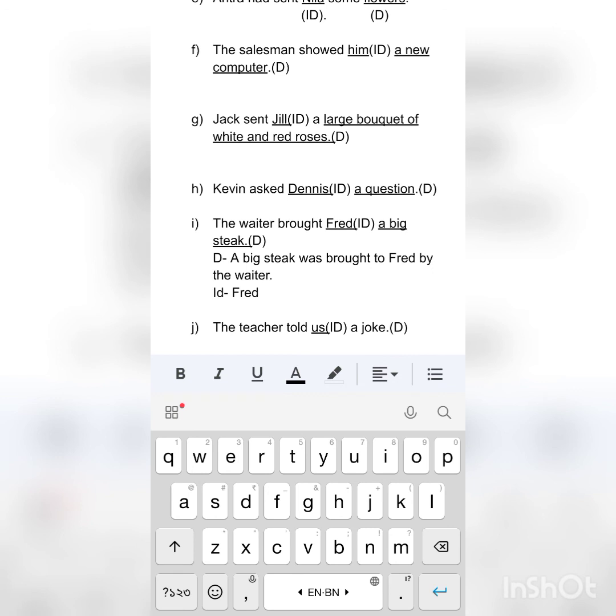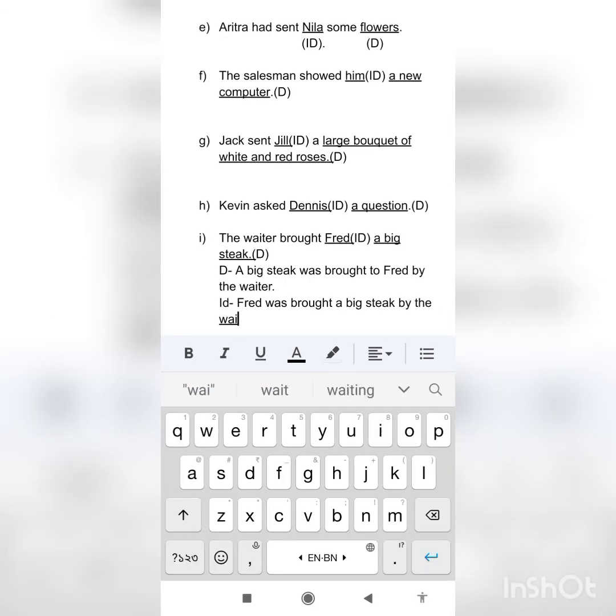So Fred was brought, because see, again it's in past tense, brought is in past tense, so was brought a big steak by the waiter, right? What am I typing? By the waiter.